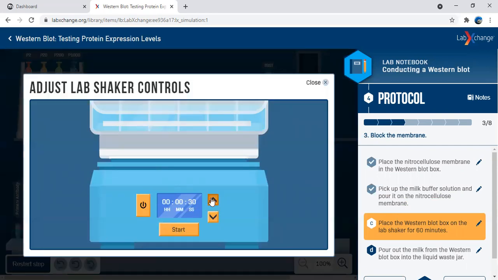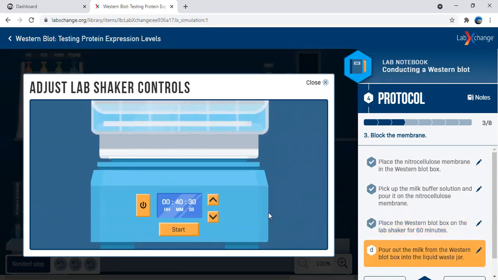We'll turn it on. And pour out the milk into the liquid waste jar.